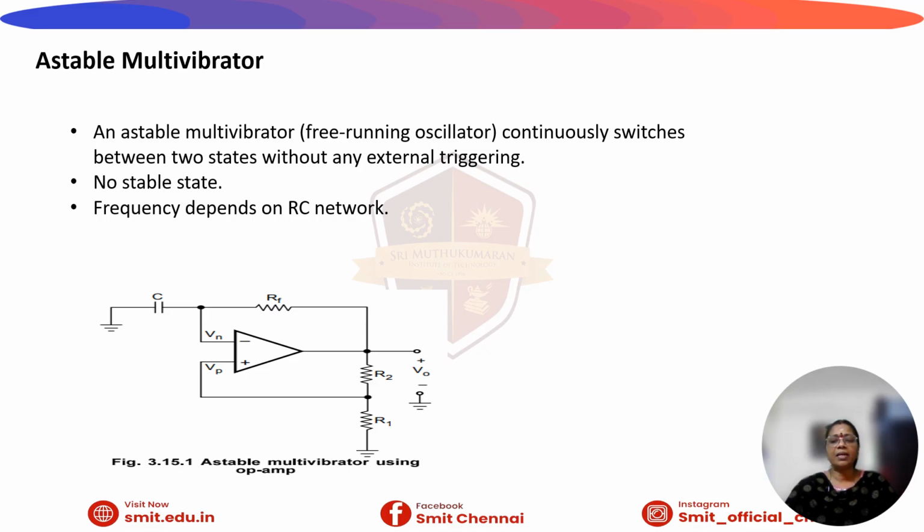The capacitor charges and discharges between the upper and lower threshold voltages of the Schmitt trigger. Every time these thresholds are reached, the output swings between the positive and negative saturation voltages, plus Vsat and minus Vsat.